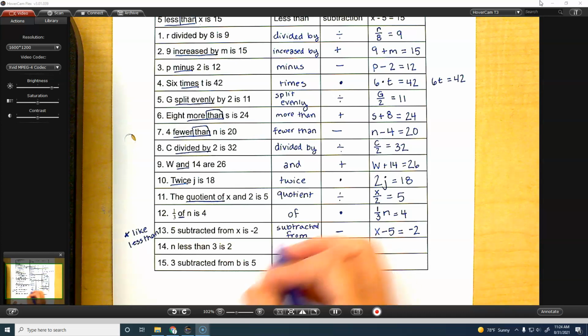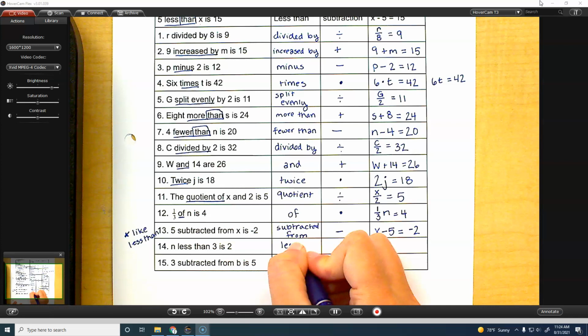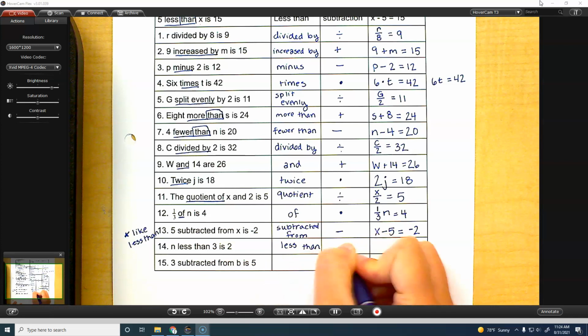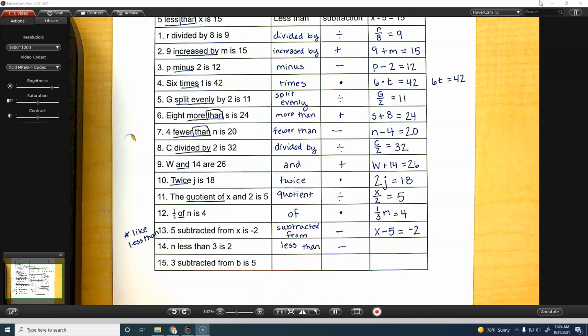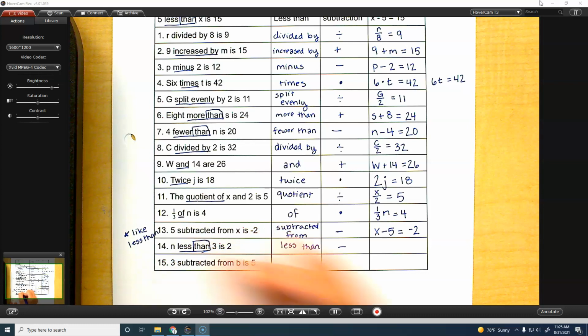14 has got another less than, which tells us to subtract. So Vince, how would I write that one? N less than 3 is 2. It is not going to be N minus 3 because this than right there tells us it goes in the opposite order.